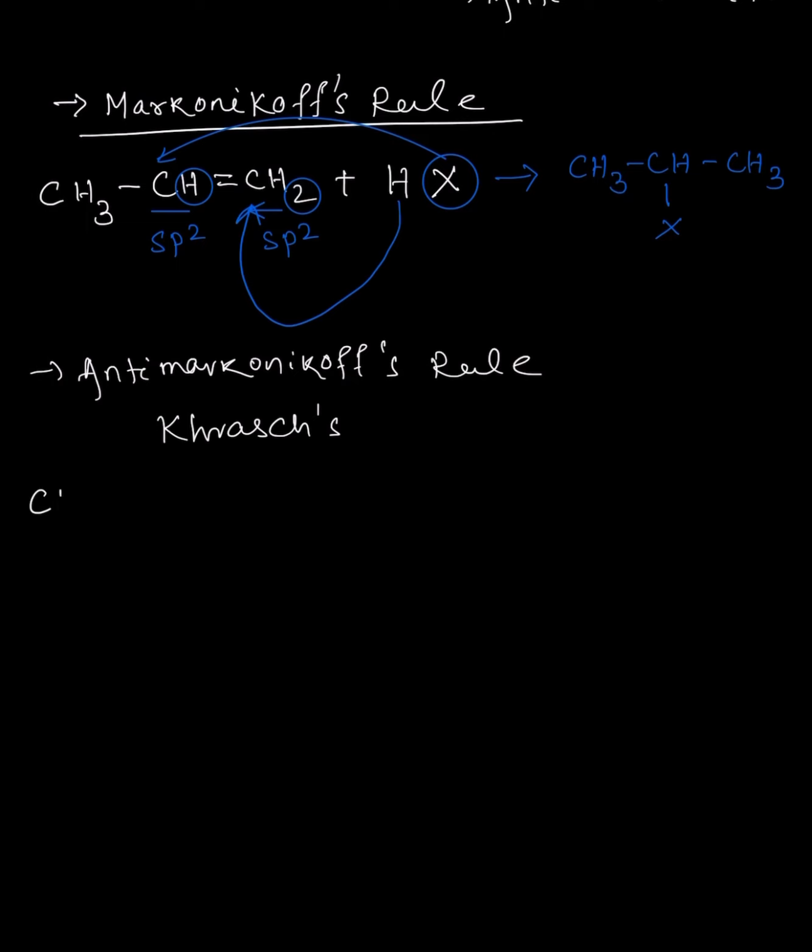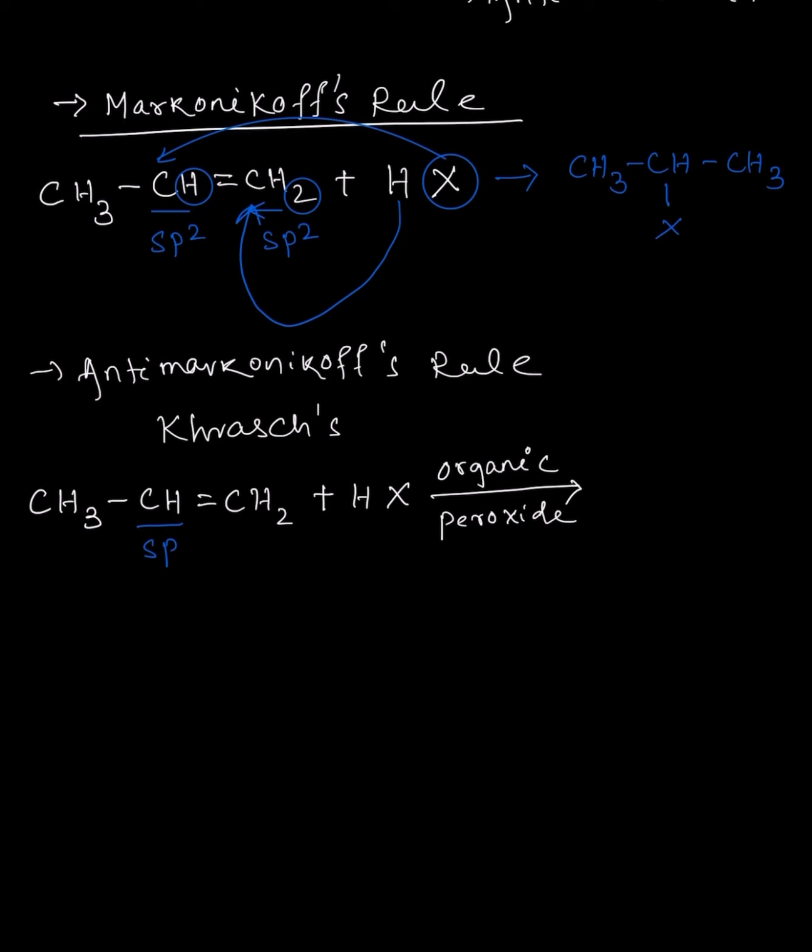If unsymmetrical alkene is treated with halogen acid in presence of peroxide, then halogen will attack the sp2 hybridized carbon containing the maximum number of hydrogen atoms, and hydrogen will attack the opposite sp2 hybridized carbon.